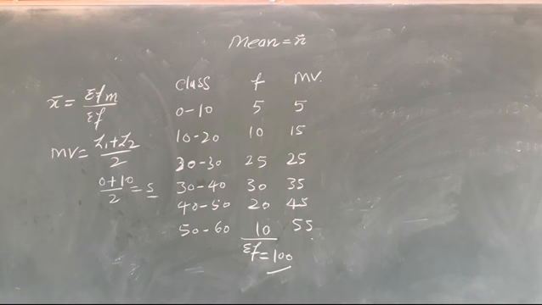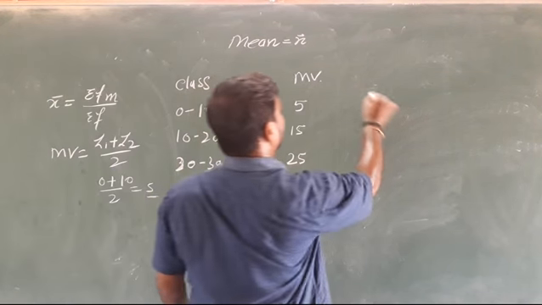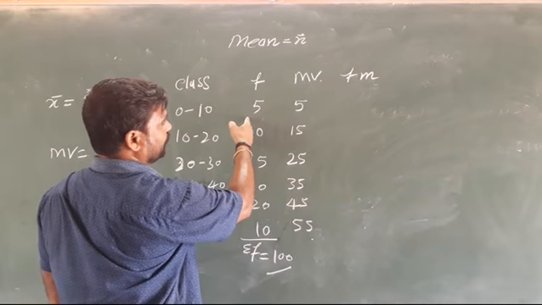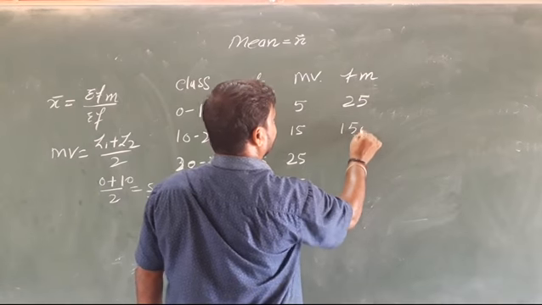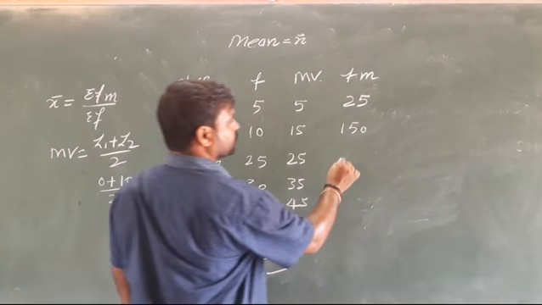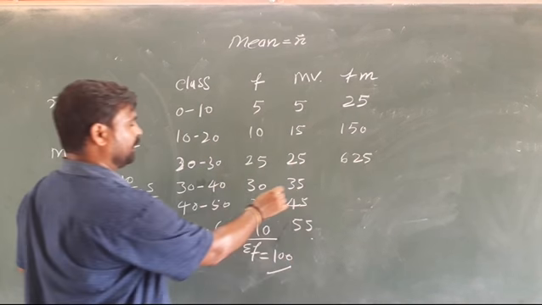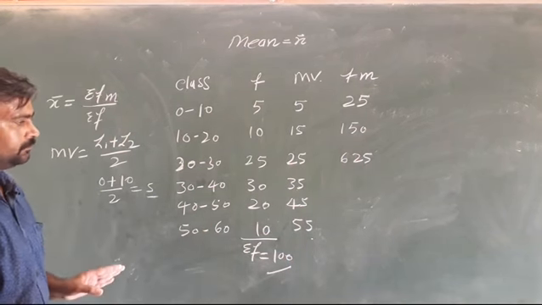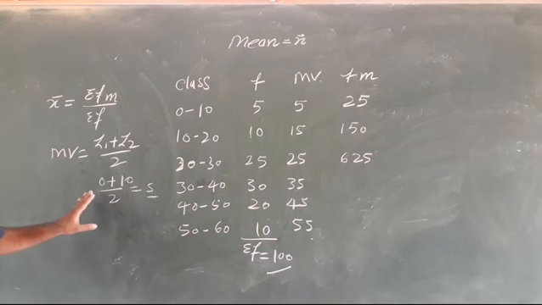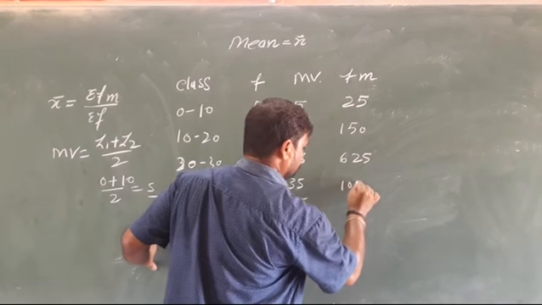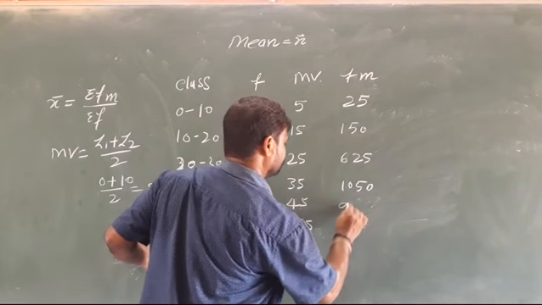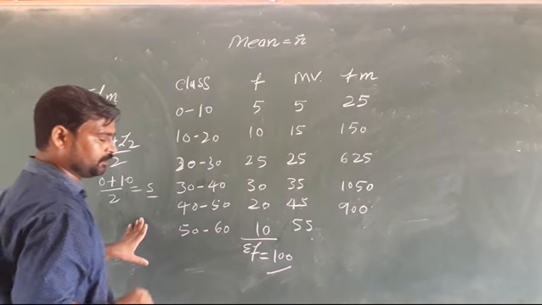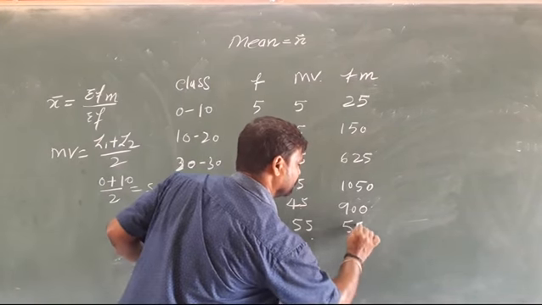Now we will multiply it with the frequency, means fm. 5 into 5, 25. 15 into 10, 150. 25 into 25, 625. 35 into 30, 1050. 45 into 20, 900. 55 into 10, 550.